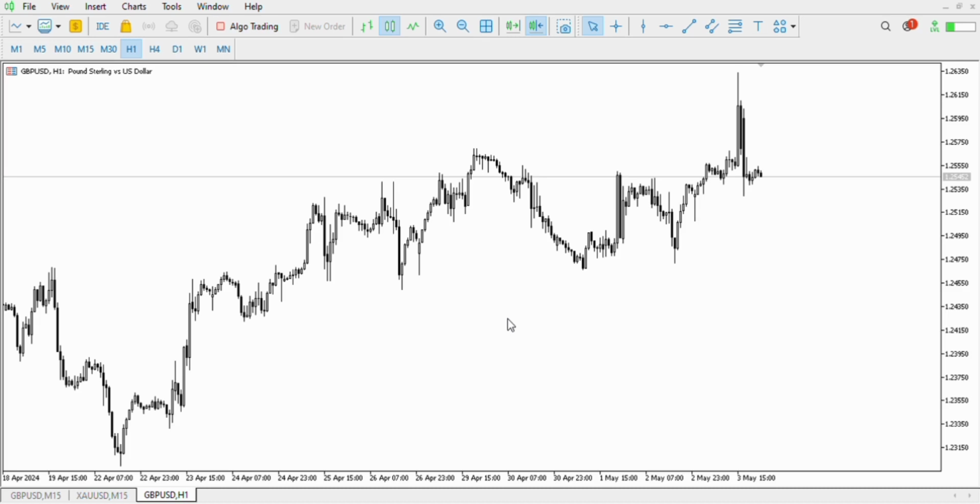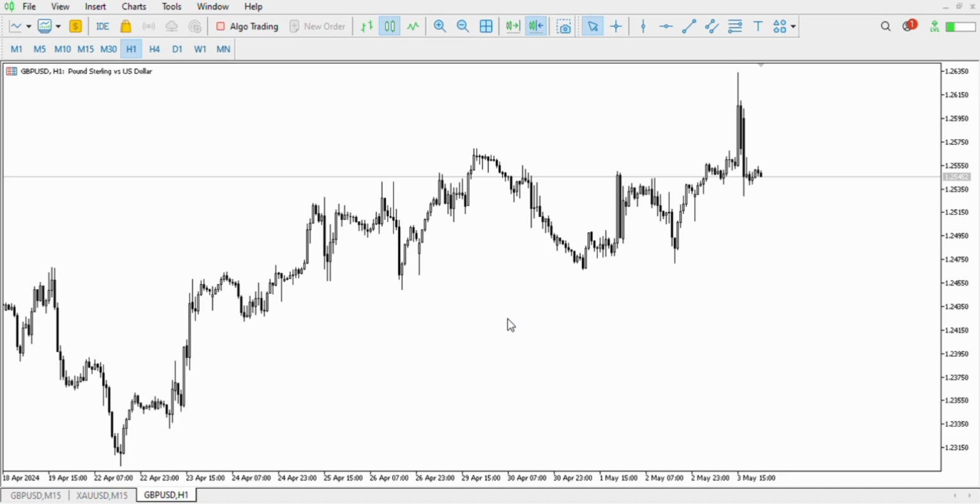So I'm going to talk majorly about the 4 hour time frame, then the 15 minutes time frame, and the daily time frame, just 3 time frames. I'm talking about 4 hour, daily, and 15 minutes. I might talk about that from now henceforth to make the video short and straight to the point, and you'll be able to have more understanding of what is happening in the forex market.